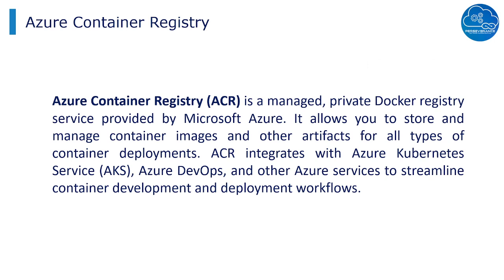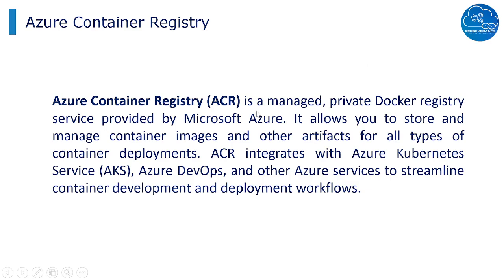It allows you to store and manage container images and also other artifacts for all types of container deployments. Azure Container Registry can also be integrated with AKS, Azure Kubernetes Service, and other services available on Azure. We can also make use of this with external sources as well.